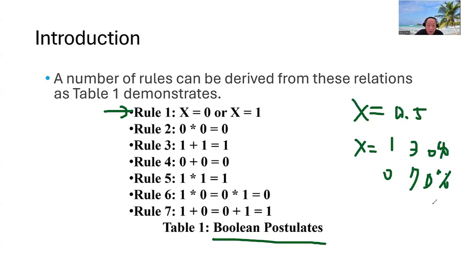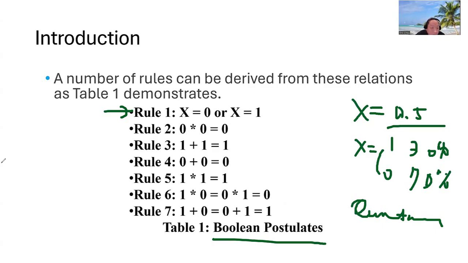It's either way. When you have 1 at 30% and 0 at 70%, that is quantum logic, which is different from regular logic. Quantum logic may have that, but that's not what we are talking about right here. So no probability is involved. It's either true or false, with nothing in between.